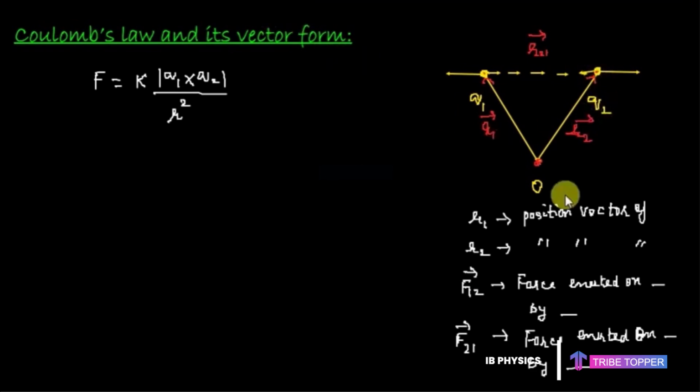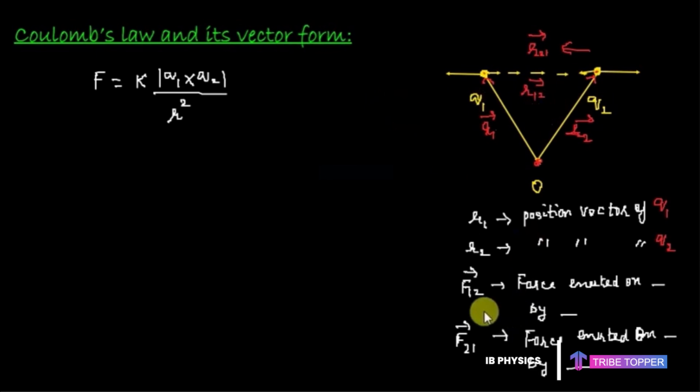The vector pointing from Q1 to Q2 would be R12, and the one from Q2 towards Q1 would be R21. They are equal and opposite to each other because the magnitude and the distance are the same, but the directions are opposite.